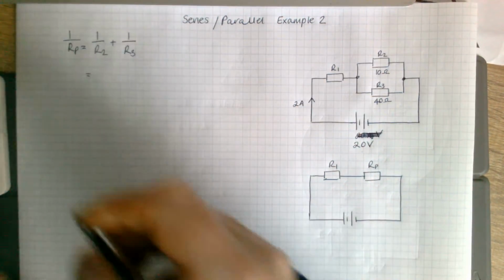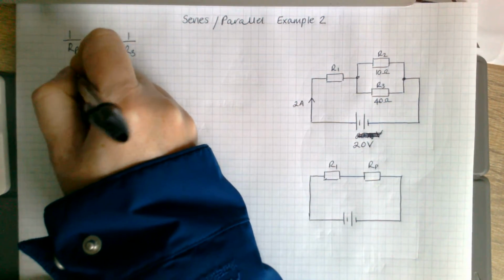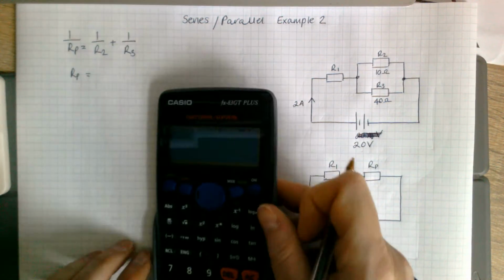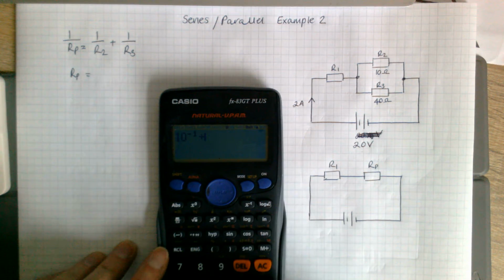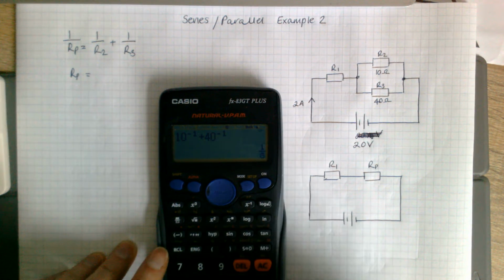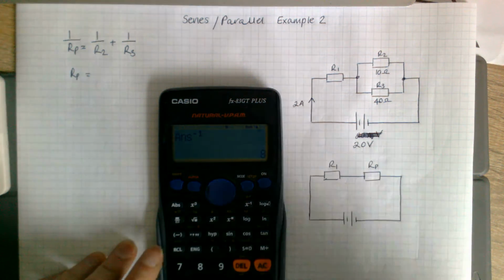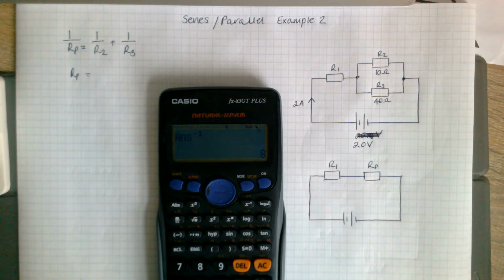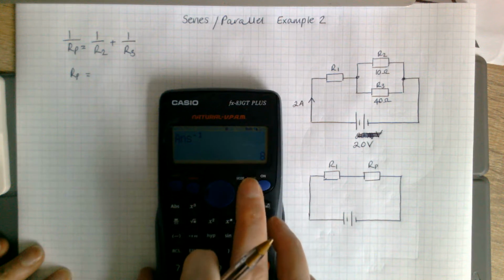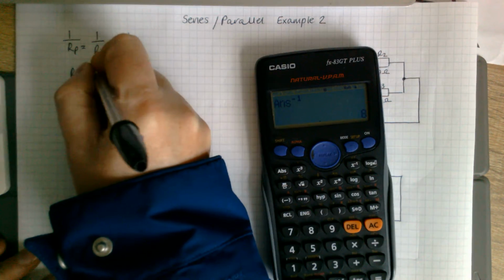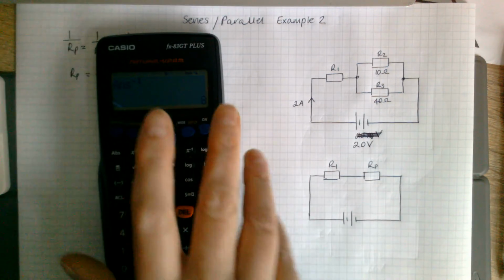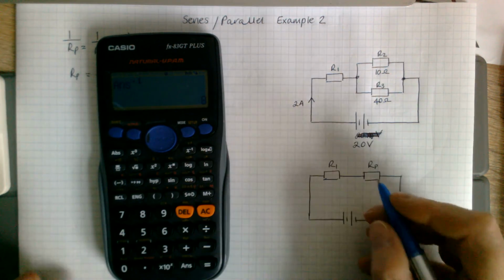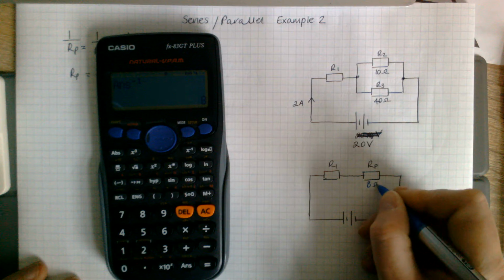And using our calculator the same way as we did the last time: 10, 1 over, plus 40, 1 over, equals, and our final 1 over. So that gets us a value of 8 ohms. So that 8 ohms is the value in here.